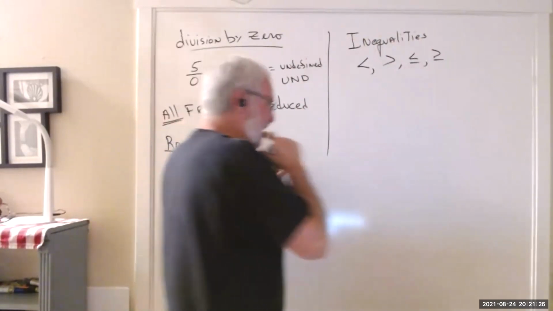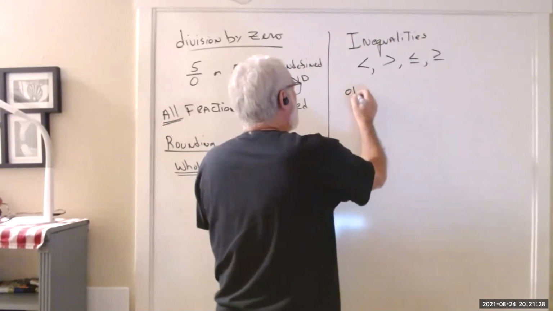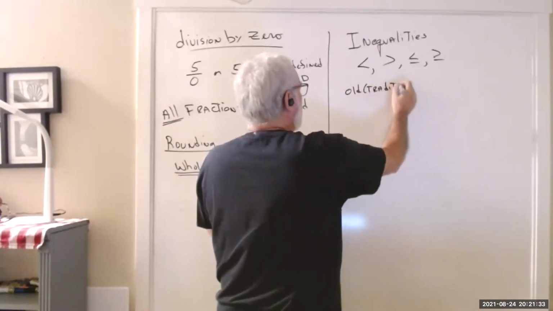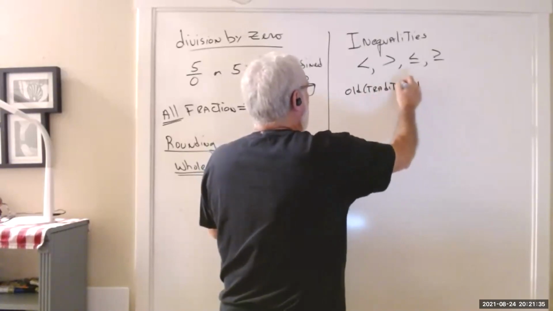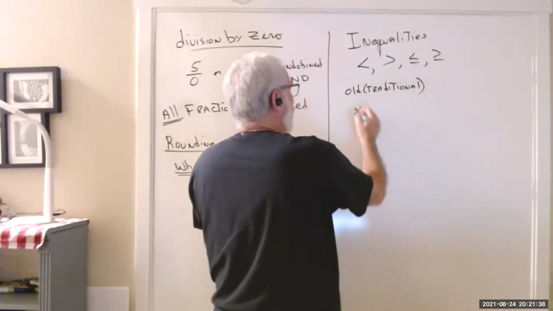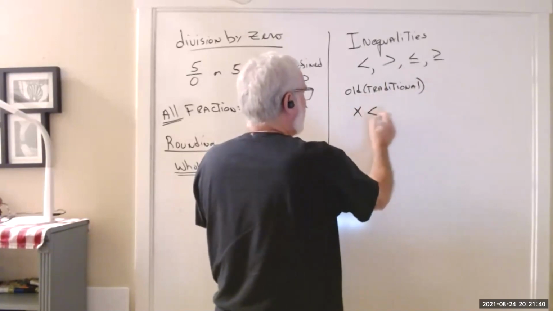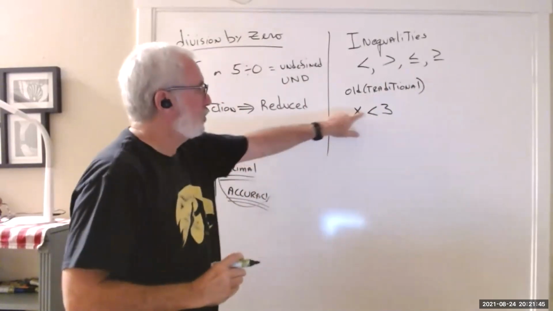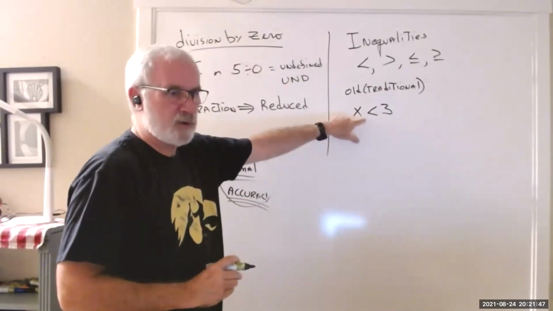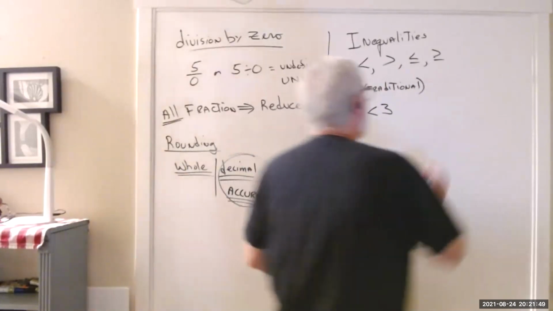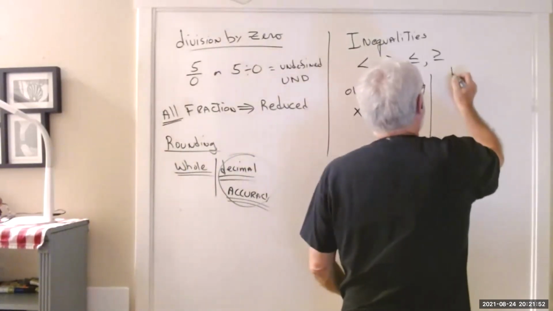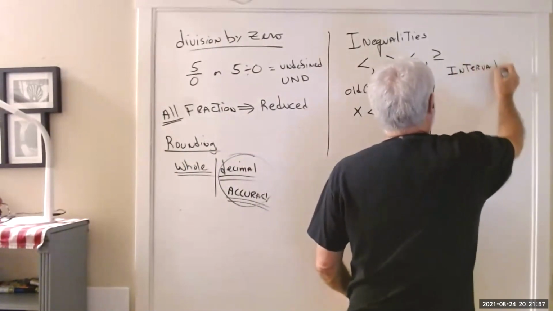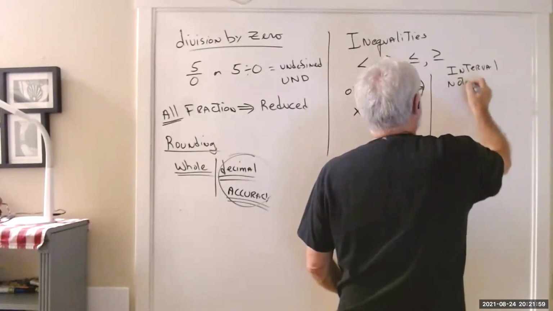So, in the old traditional way, in old school, we would say x is less than 3. Old traditional way, x is less than 3. In the new way, it's called interval notation.